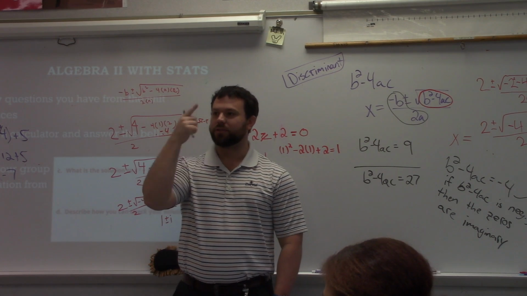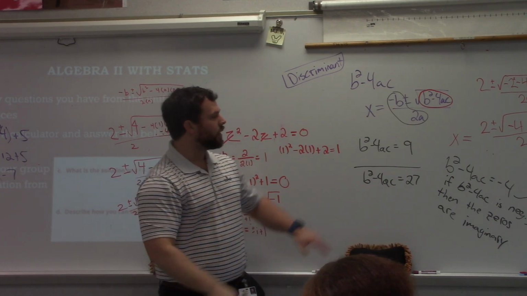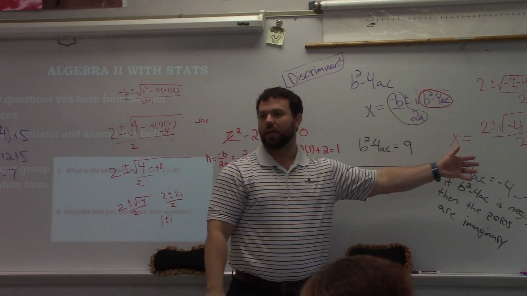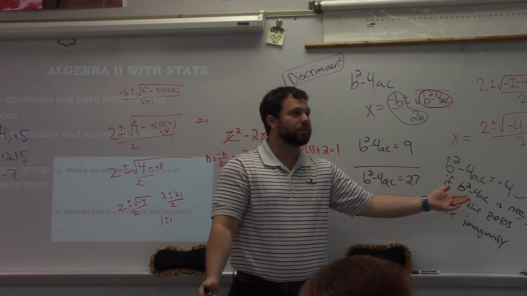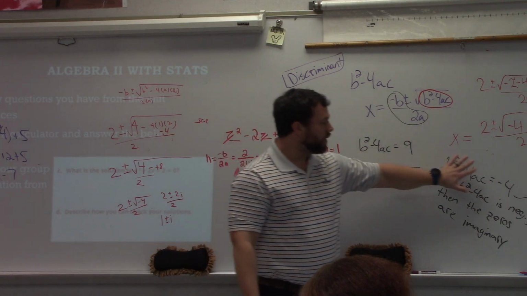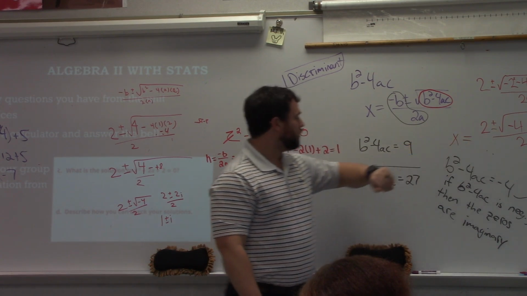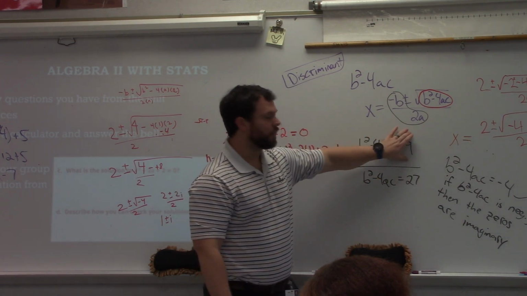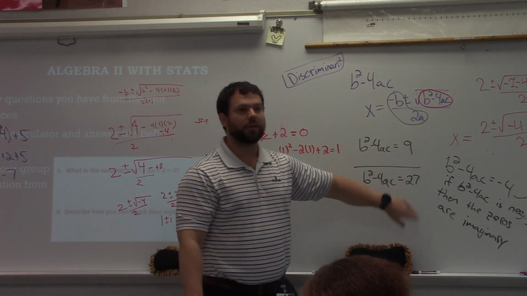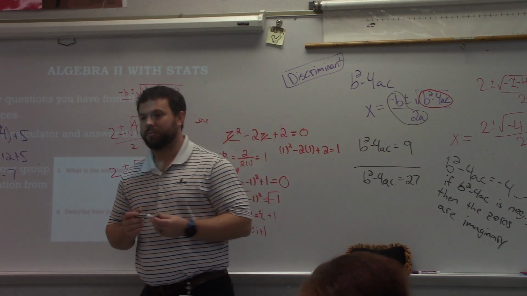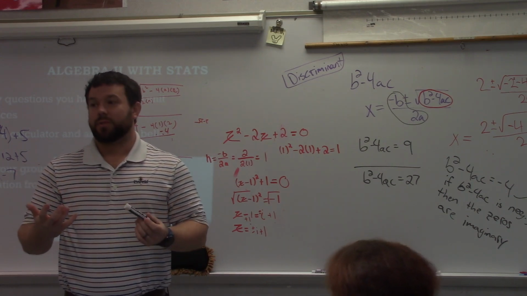By understanding discriminants and radicands, you can easily figure out what type of roots you're going to have and what method might be the most efficient. That's just something to attend to. So if b squared minus 4ac is negative, you're going to get imaginary zeros. If it's a perfect square, you're going to have rational zeros. And if it's not a perfect square, it's going to be irrational zeros. I just want to point that out because that is a useful tidbit.